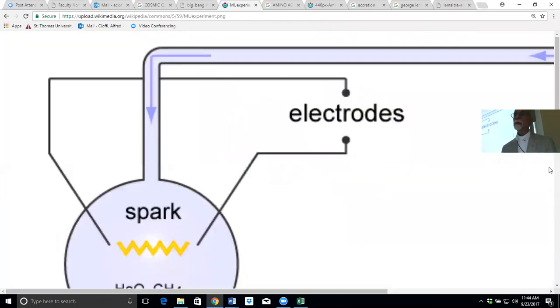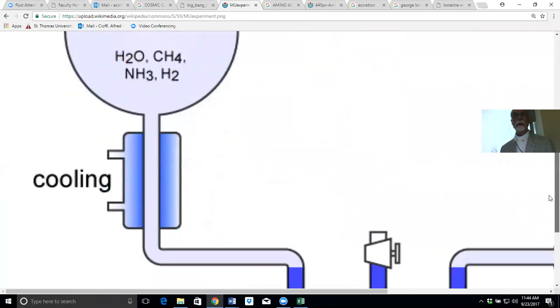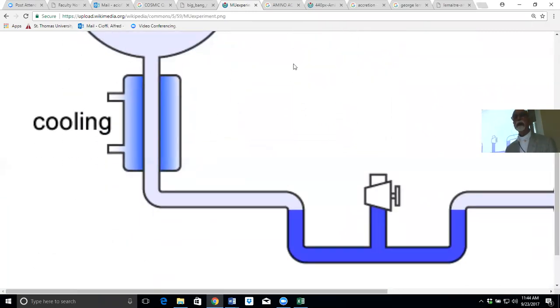Okay, they got some amino acids, I don't know exactly which, but I think that eventually they ran this enough that they got the bulk of the 20 amino acids.